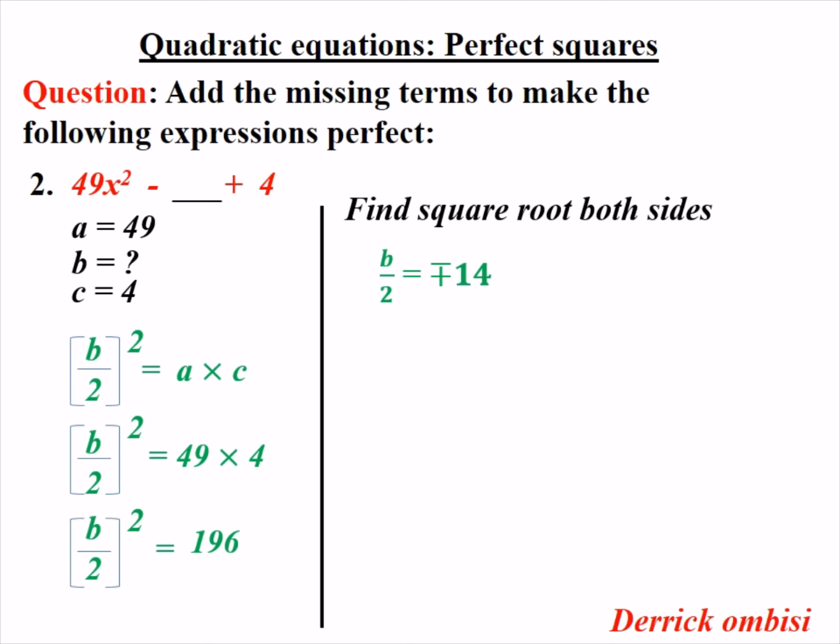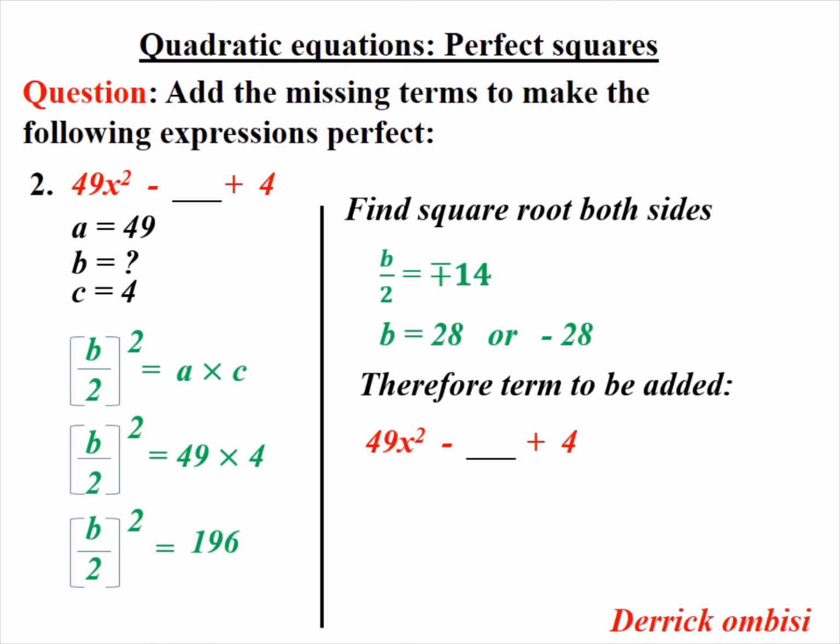When the square root on the right hand side is positive 14, you'll have b equals 28, or the value of b equals negative 28. Therefore, the term to be added is either 28x or negative 28x for the above expression to be a perfect square.